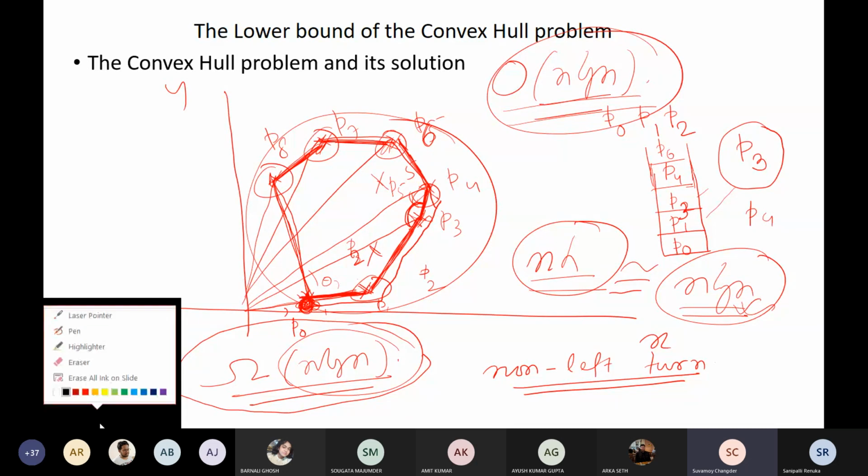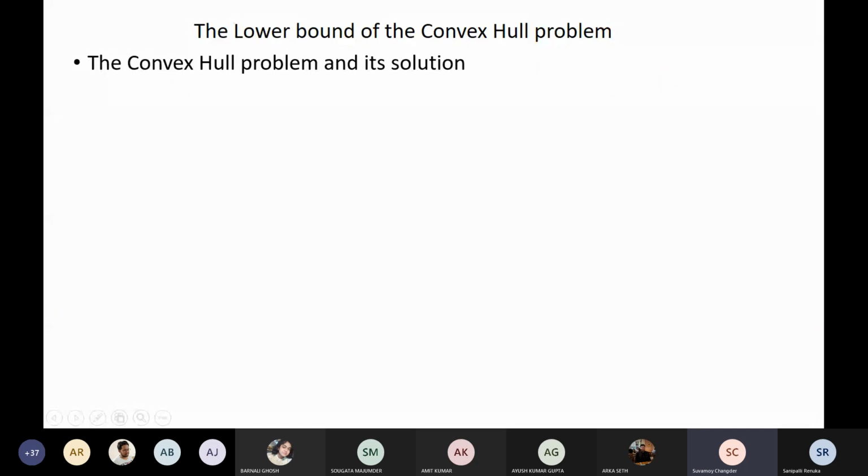Here we will use the linear time reduction approach to find the lower bound of the convex hull. Before that, we have already found the lower bound for the searching algorithm, and we have also found the lower bound for the sorting algorithm that we discussed in our last class. So these two are known to us.